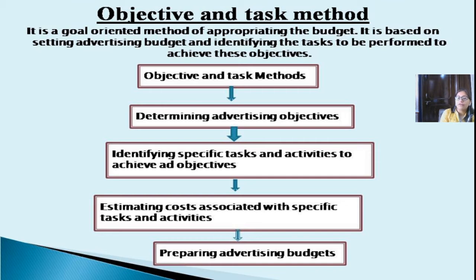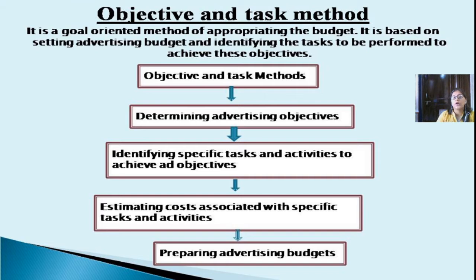Then accordingly we will determine our advertising objectives from there. Then we will identify the tasks to be performed to achieve those objectives. Then we will estimate the cost of each task which we are going to perform to complete our advertising objectives. Then accordingly the budget will be prepared.